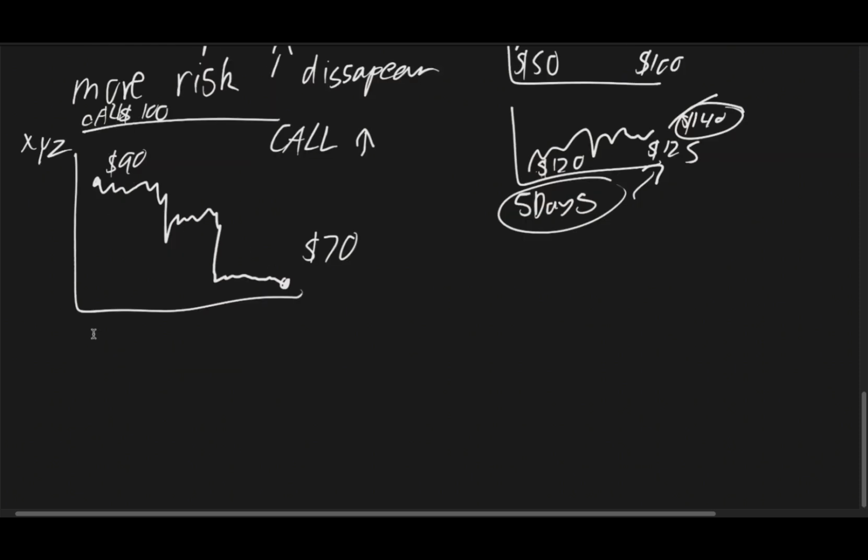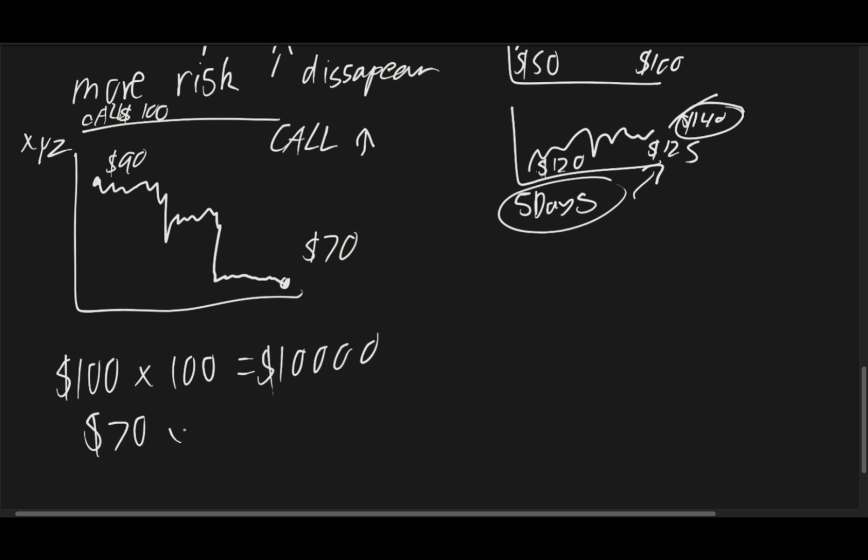Well, let's say you bought 100 shares of the stock at $100, bad timing, so this is $10,000. But now the price went to $70. Let's say you want to cut your losses. You would lose $10,000 minus $7,000, which is a $3,000 loss.